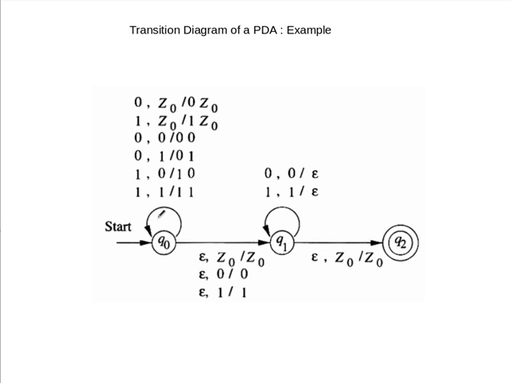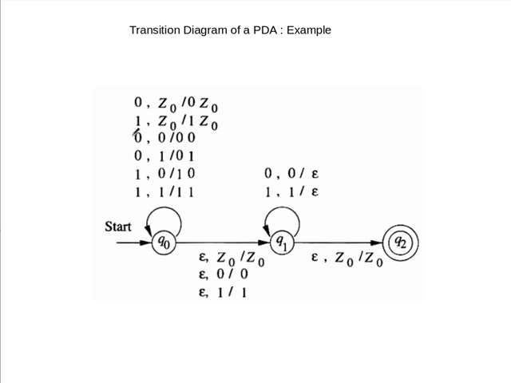Similarly, you can make a transition from Q0 to Q0 if your current input symbol is 1, the top stack symbol is Z0, and in that case you replace this Z0 by 1Z0, right? So here what is the input alphabet? The input alphabet is 0 or 1. So this is the sigma, right?